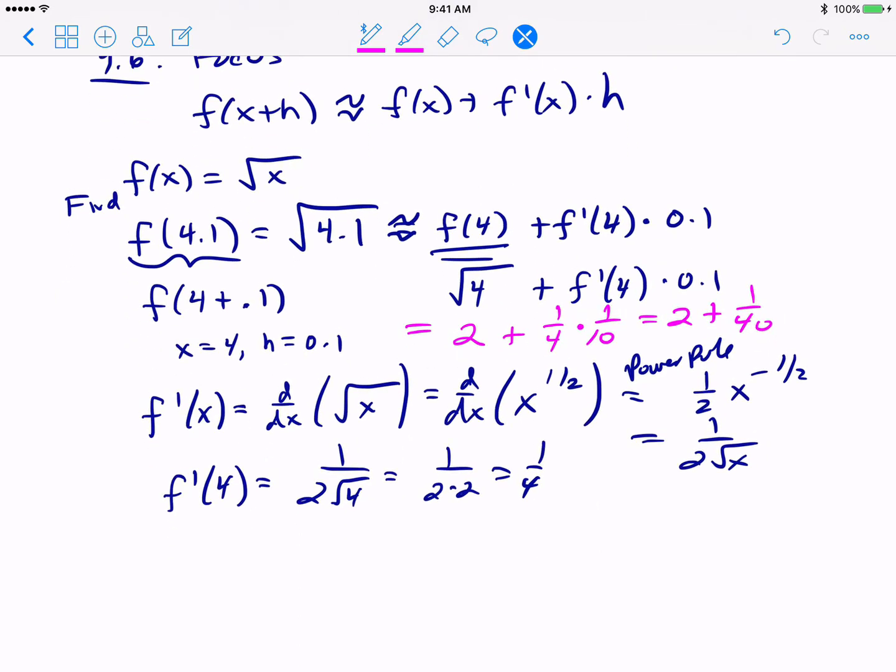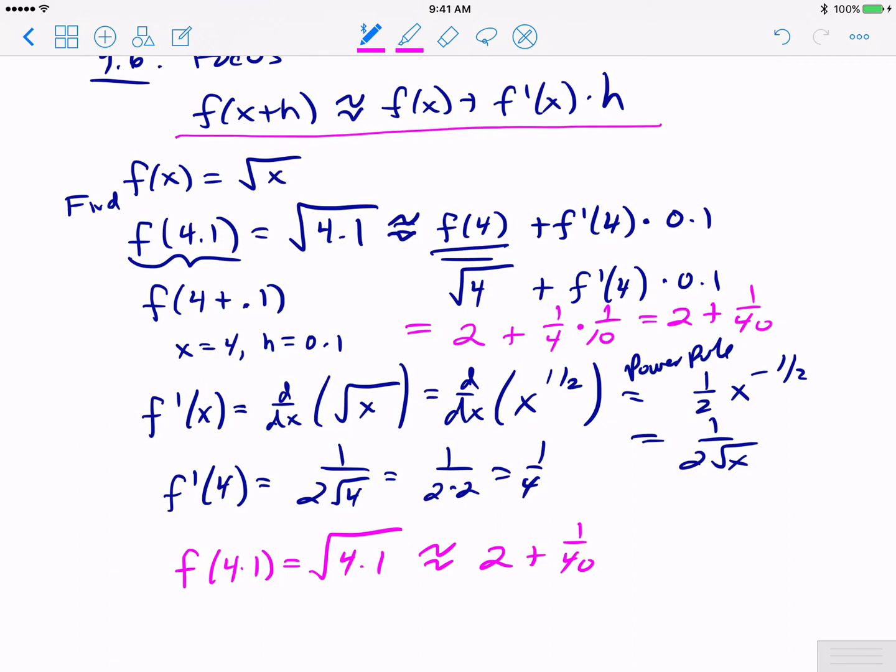So that is your answer: the square root of 4.1 is approximately 2 plus 1 over 40. And that's how you use this derivative formula, the approximation formula, to answer an approximation problem.